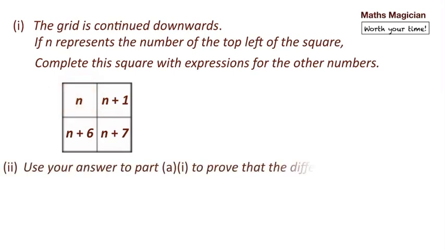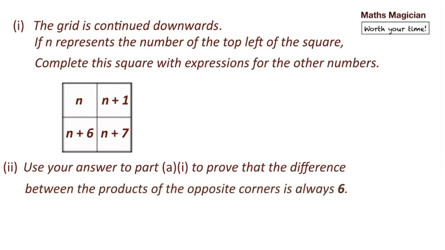use your answer to part 1 to prove that the difference between the products of the opposite corners is always 6. Hence, using the square in part 1, we find the difference between the products of the opposite corners.